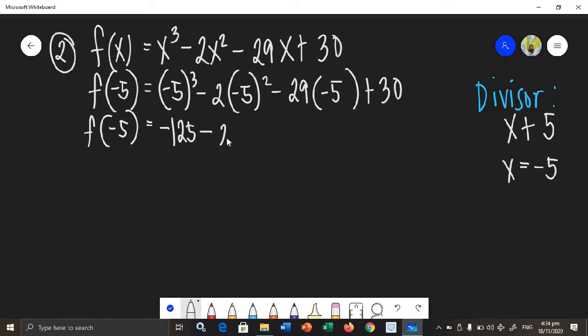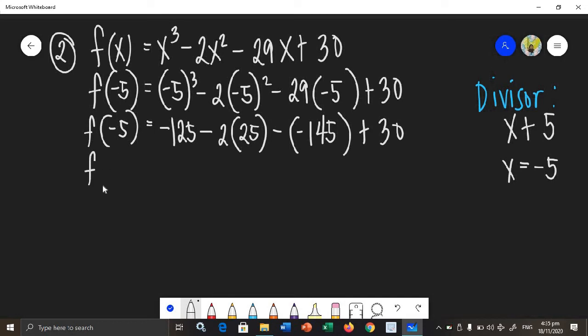So, minus 2, and then when we simplify negative 5 squared, that is equal to positive 25. Okay? Minus 29 times negative 5, the answer is negative 145 plus 30. And then, f quantity negative 5 is equal to, we need to get rid of the parentheses, so we need to multiply.